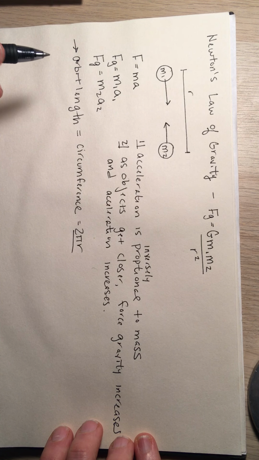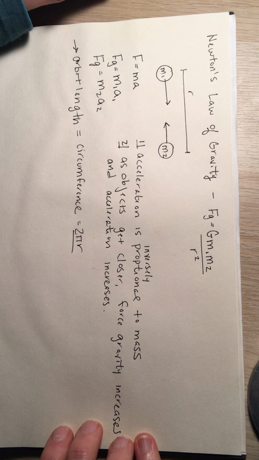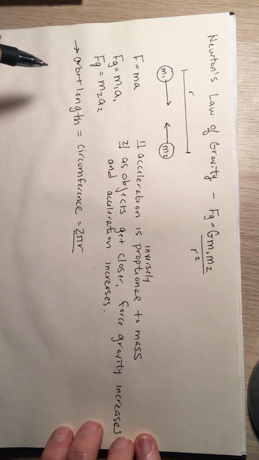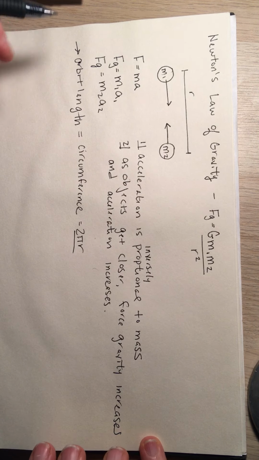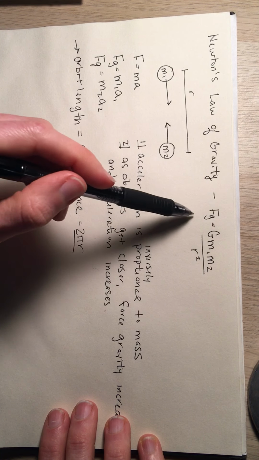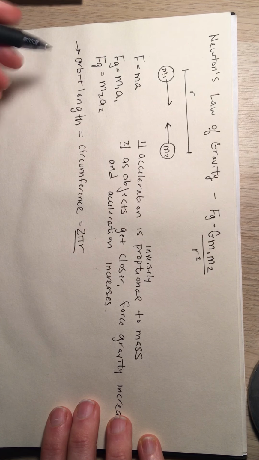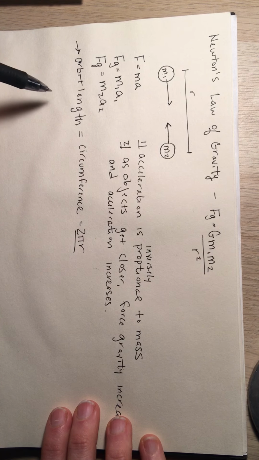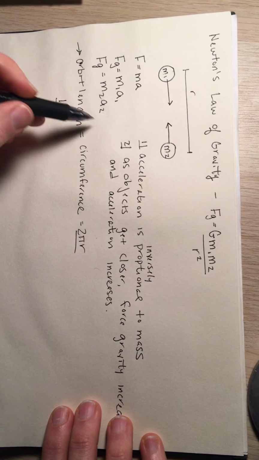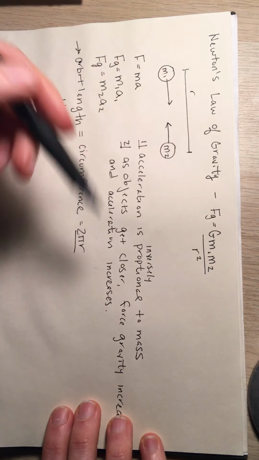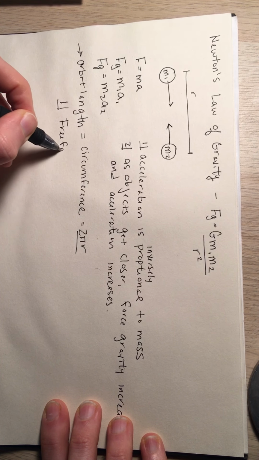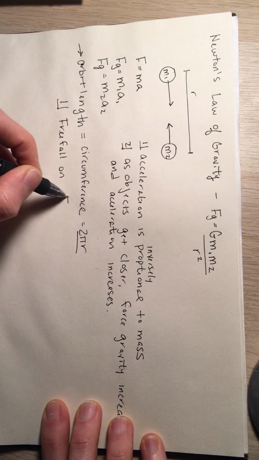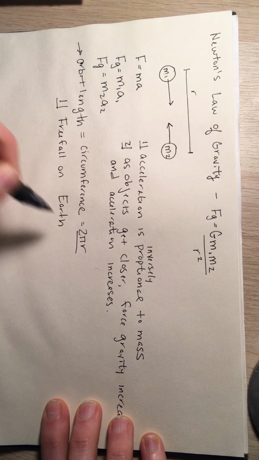The last thing I want to mention before we move on is how we're going to be using this generally in today's lecture. We're going to be using Newton's law of gravity, some geometry, to discuss how this rule can help us understand free fall on Earth, or maybe free fall to Earth.